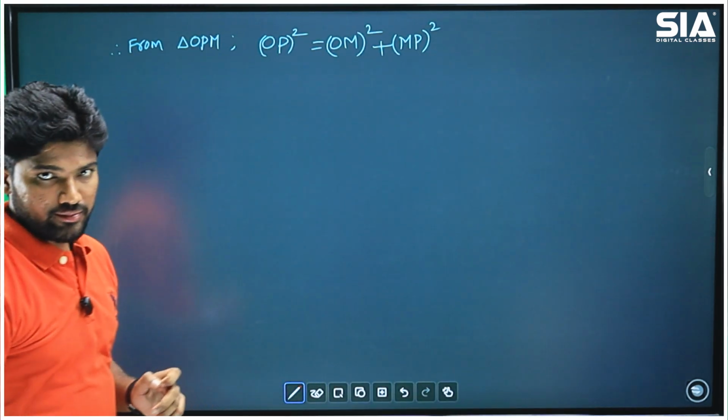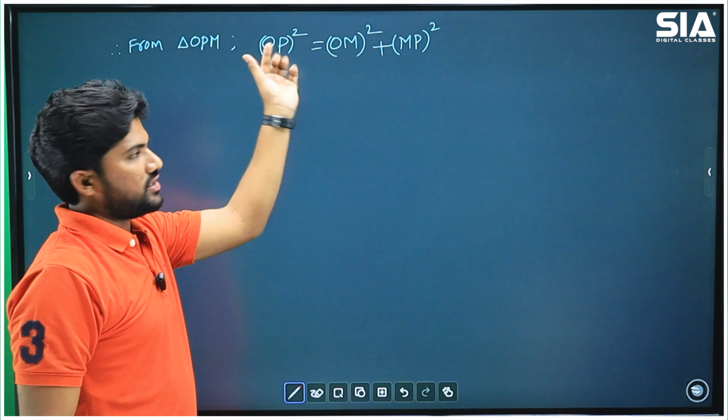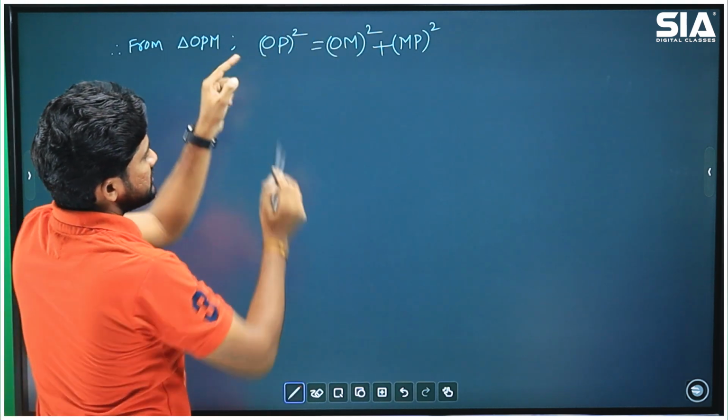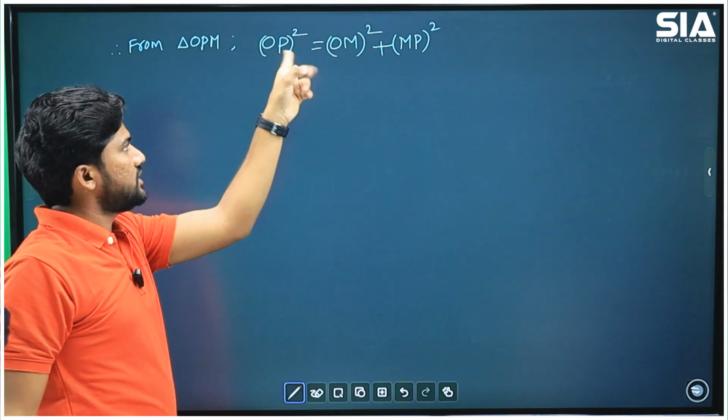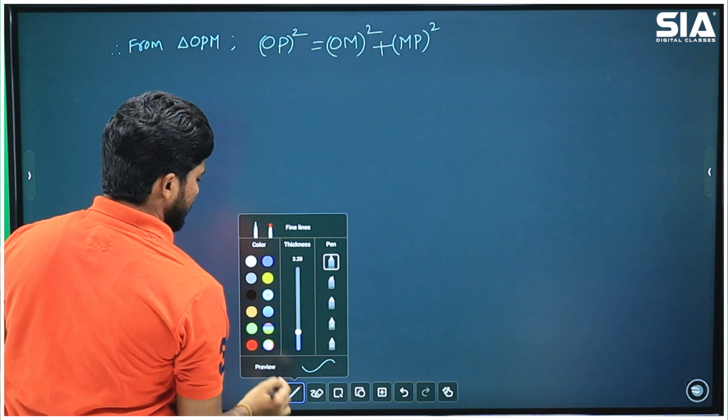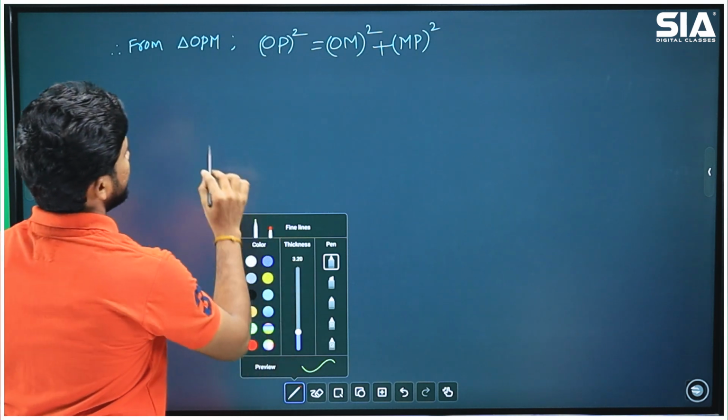Are you getting my point? OP is the hypotenuse. So what is OP? It is the distance from the origin to P, so we can write it in this format.